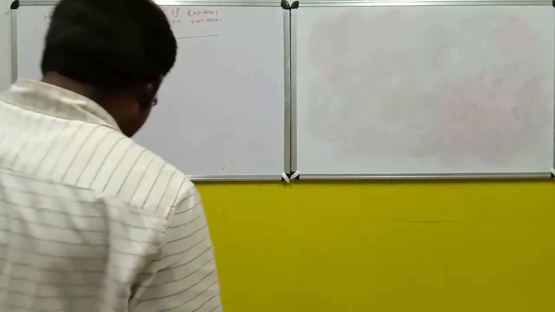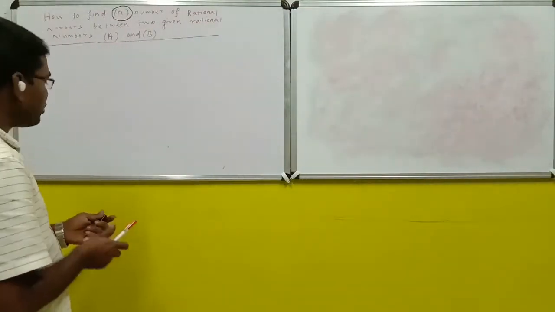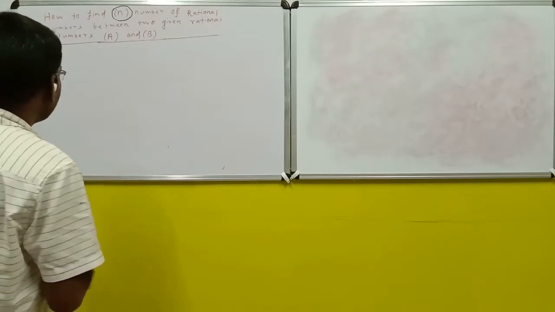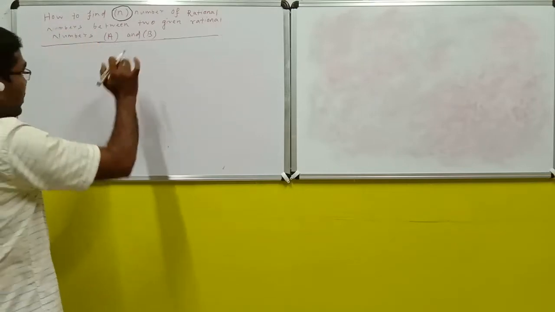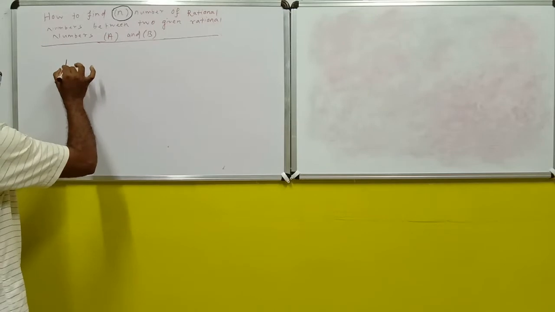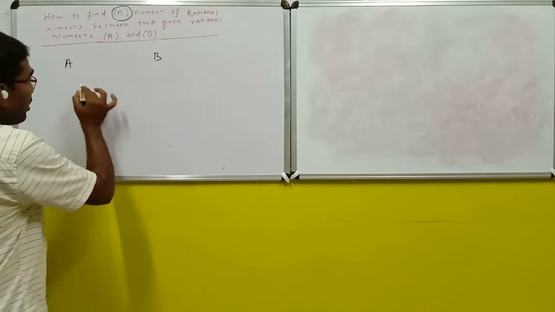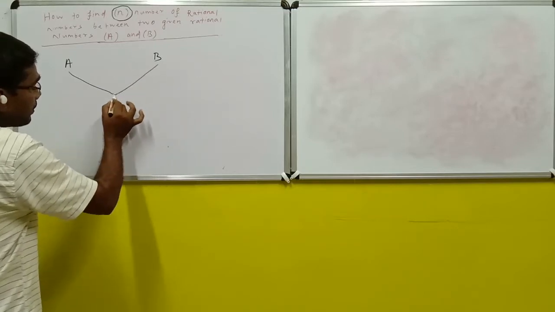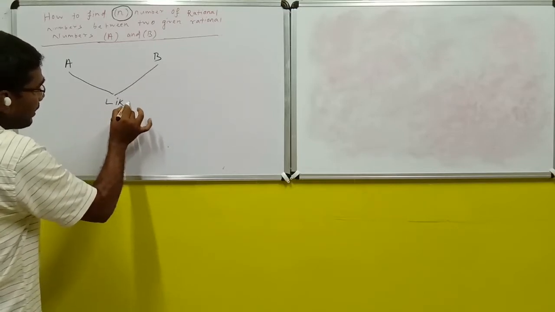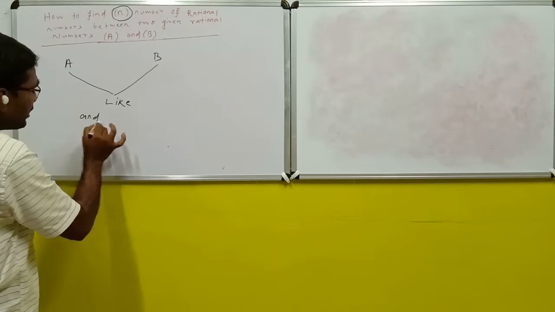So students, from the first case you will learn that when your given rational numbers A and B are like and also consecutive.